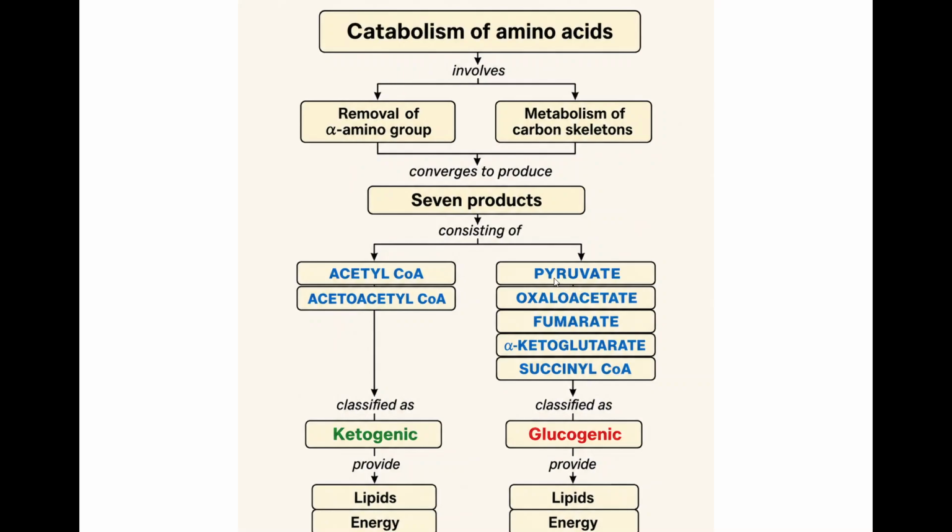What is common among these 5? Yes, these 4 are intermediates of the Krebs cycle. Pyruvate is the end product of glycolysis, and it can be used to feed into what? Which reaction? Gluconeogenesis.